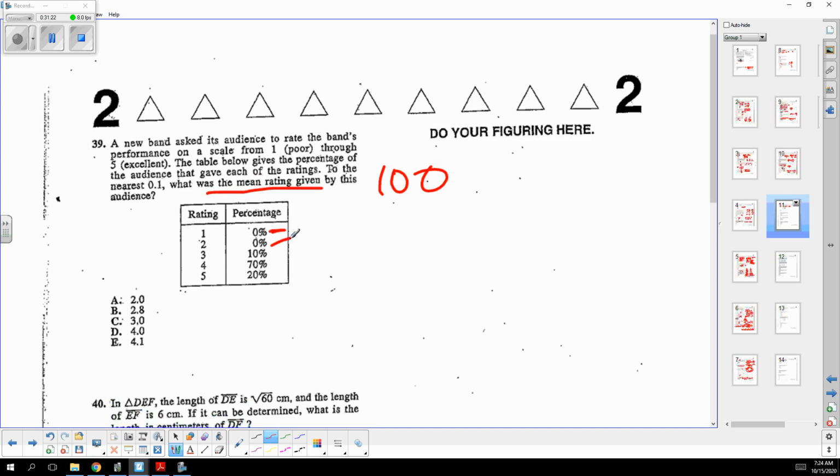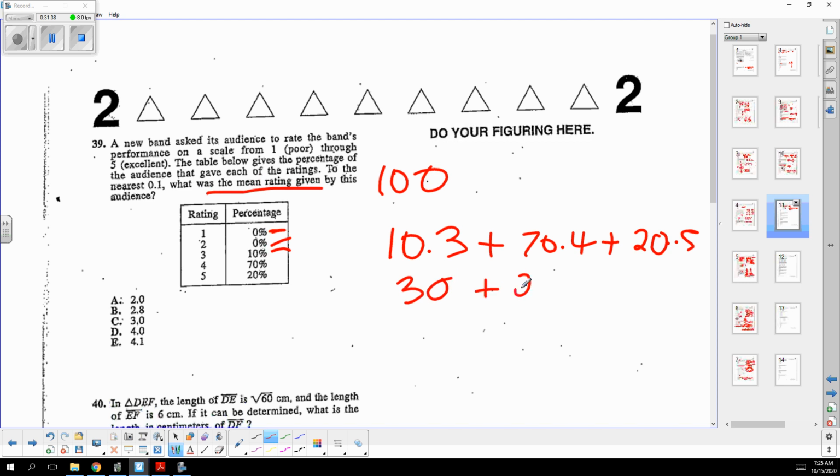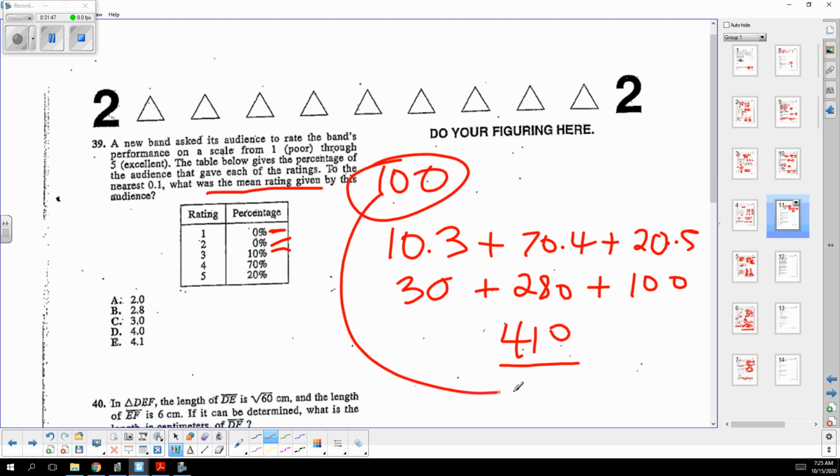Nobody gave me a 2, but 10 of them gave me a 3. 70 of them gave me a 4, and 20 of them gave me a 5. So that's 30 points to 80 points, and 100 points is 410 divided by my 100 people.